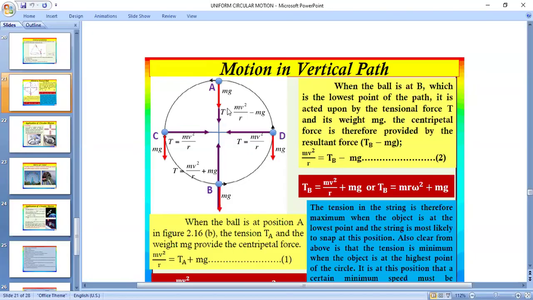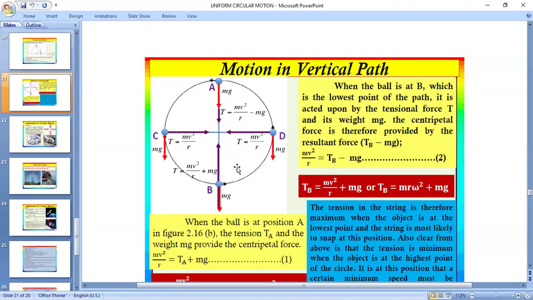Then you say V equals the root of rg. Then the answer you get is the minimum velocity. Then 3, you will be asked to calculate tension at any point, maybe A, B, or C, D. So you need to know that here we add, down here we minus, and these ones we don't add. We neither add nor minus the mg weight.